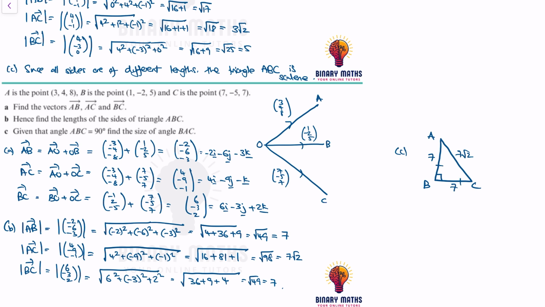So ABC is an isosceles right-angled triangle. So that means these two angles are also the same, which means angle BAC must be equal to 45 degrees.